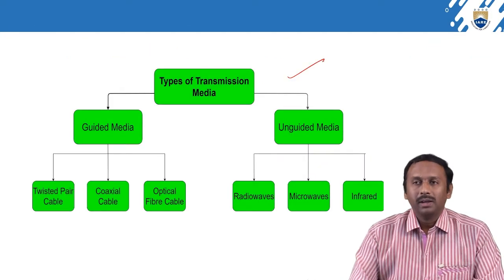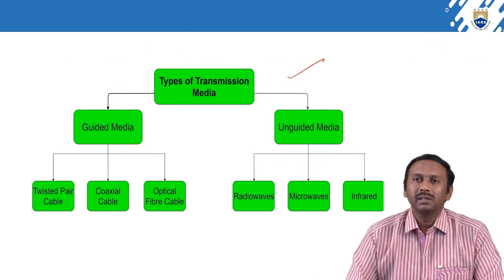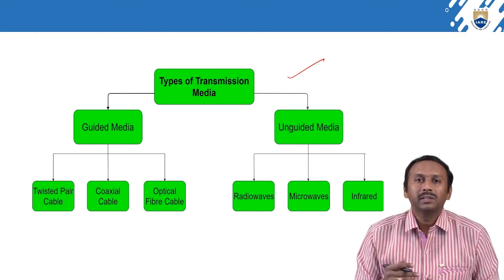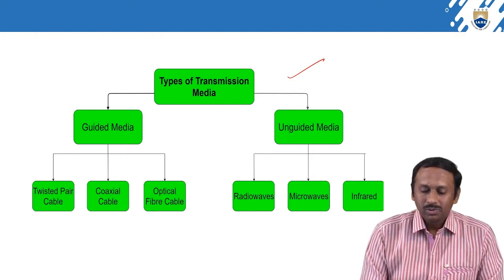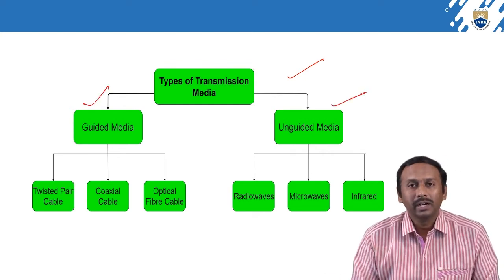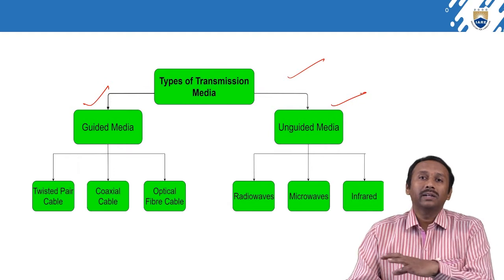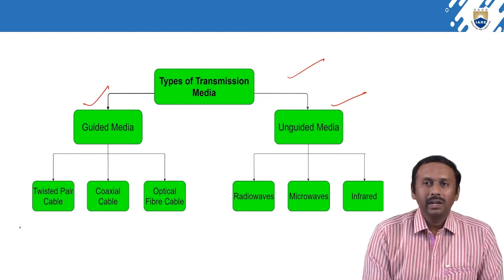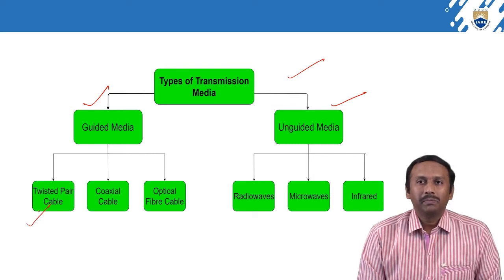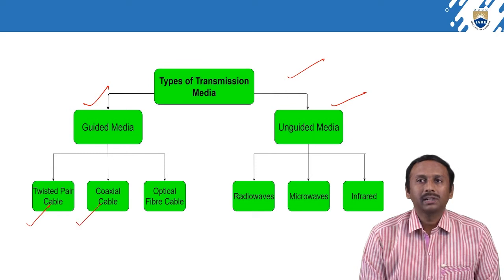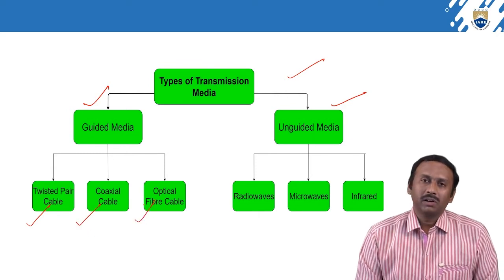This is a broad classification; exactly how those two are subdivided, let's see. If you take transmission medium, this is guided and this is unguided. Guided and unguided are again subdivided into three types. In guided there is twisted pair cable, another one is coaxial cable, and another one is optical fiber cable.